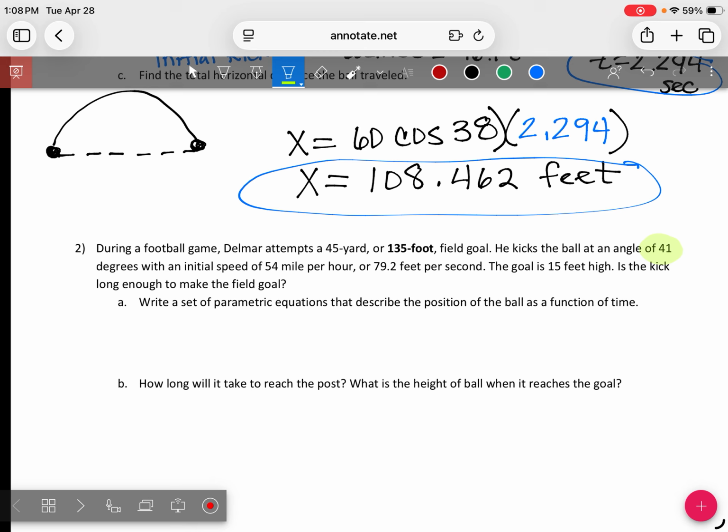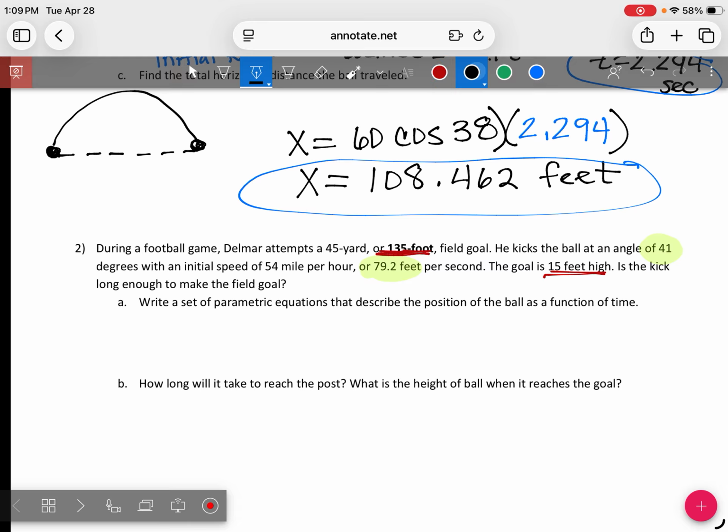Remember, we only have meters and feet. So we're going to use 79.2 feet per second. We also know that the goal is 15 feet high. So that helps. Oh, we also know that his horizontal distance is 135.